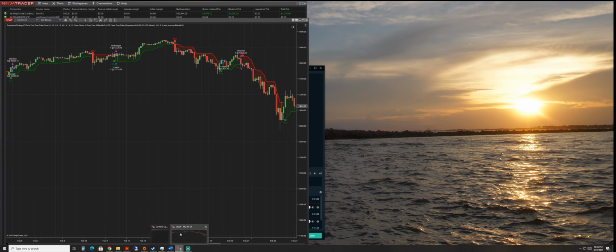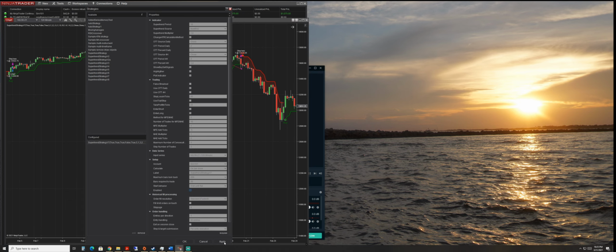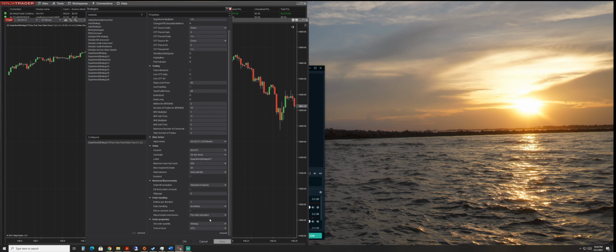Okay. Let me just double check that I went through all the important parameters. Oh, I'm sorry, per strategies here, default quantity. This is based on how many positions you want to take. This is one position.